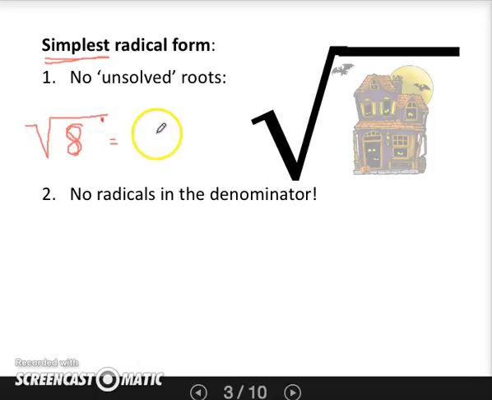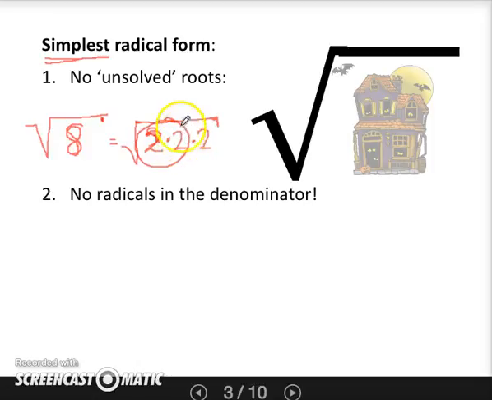can express 8 as 2 times 2 times 2. And notice that this pair of 2's is really a number squared. 2 times 2 is 2 squared.